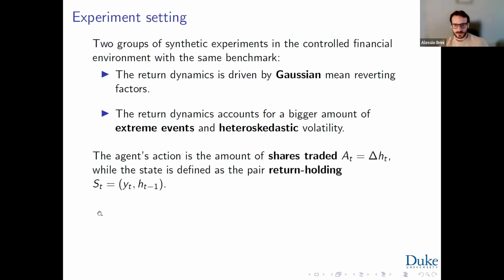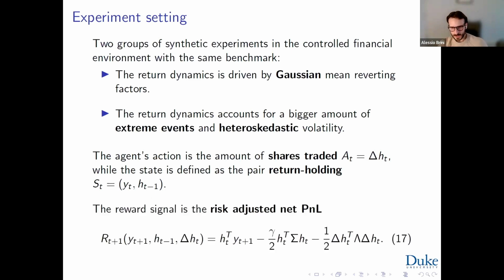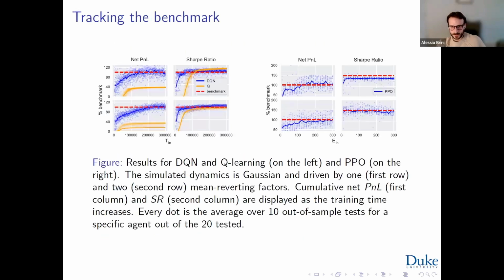And the state is defined as the current return that you're observing and the amount of shares that you have in your portfolio. It's a very simplified setting, where the reward signal is the risk-adjusted net P&L. So it's exactly the same function that you have seen as the objective to be maximized in the previous slide. It's just that the current reward is not the cumulative sum discounted over time.